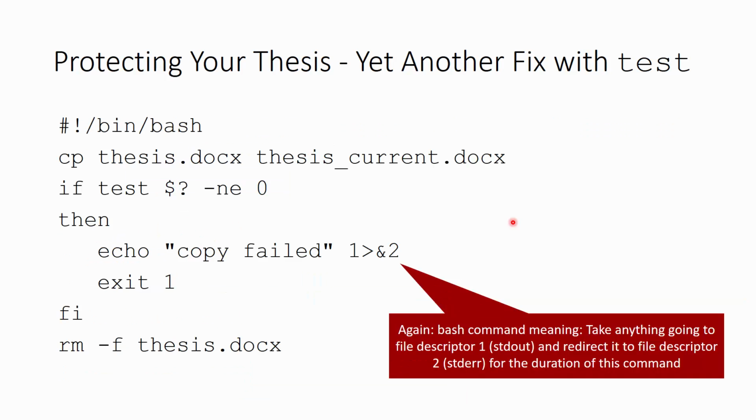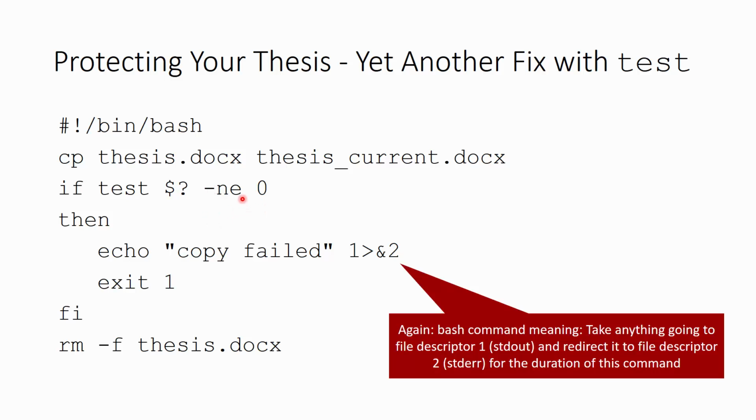So in this case, I'm going to use test in the same kind of if statement we had before. So I'll run the copy command just by itself. And here it's been removed from the if statement, so it's just above it. So run copy. Then test the value of the question mark that just happened. See if it's not equal to 0.